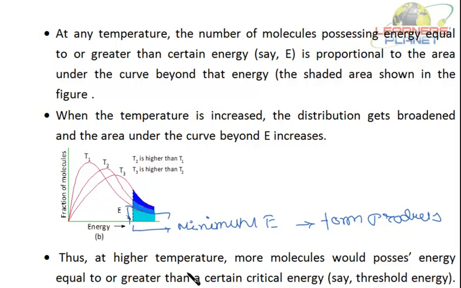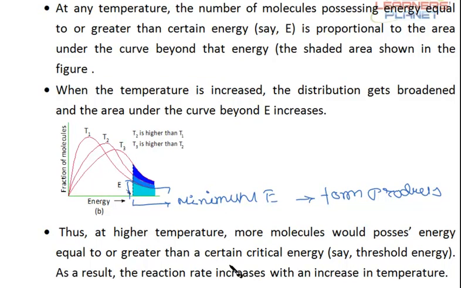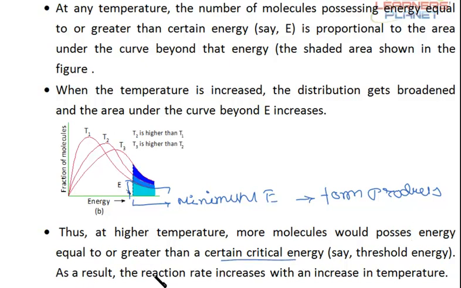Thus, at higher temperature, more molecules would possess energy equal to or greater than the critical energy. As a result, the reaction rate increases with an increase in temperature. Say this is the fraction of molecules having the threshold energy.